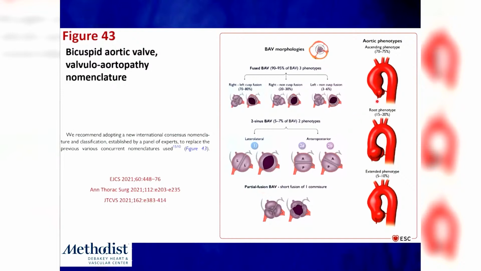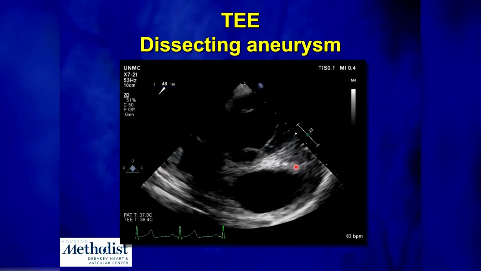The aortic phenotype of bicuspid valve, the most common one is the tubular ascending aorta being involved. Less common is the root phenotype with preservation of the ascending aorta, and then not infrequently seen is when you have an extended phenotype involving the root and the ascending aorta.